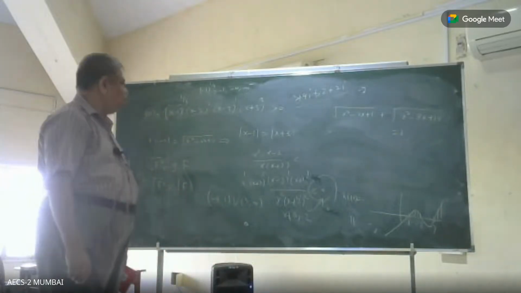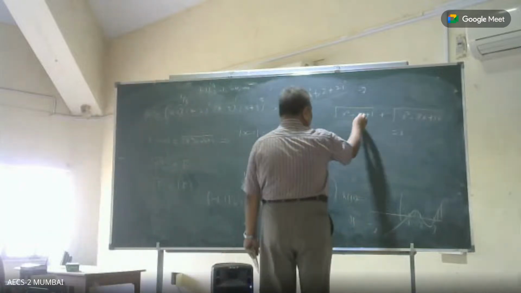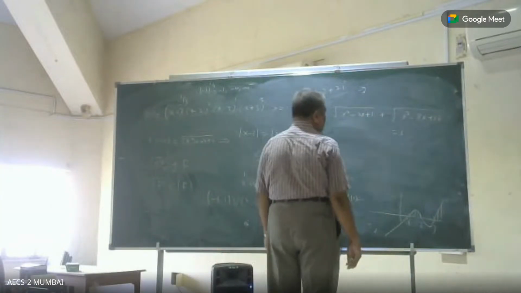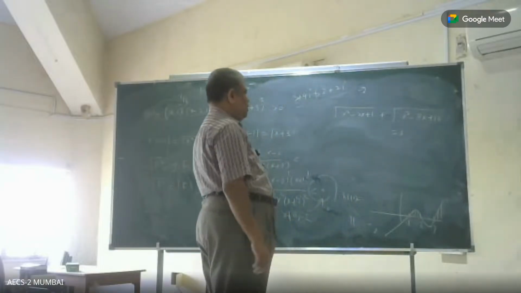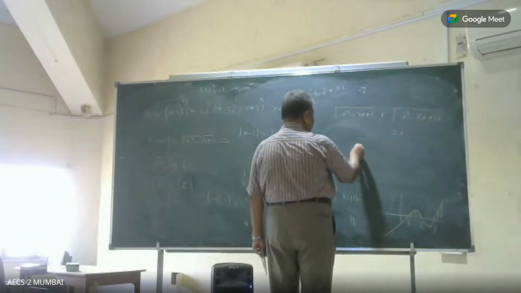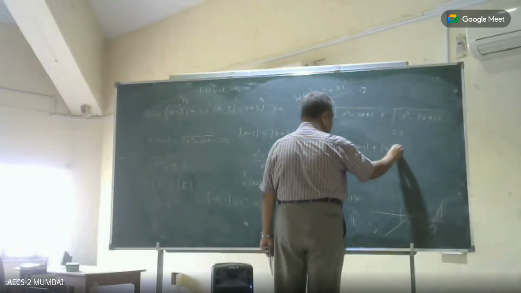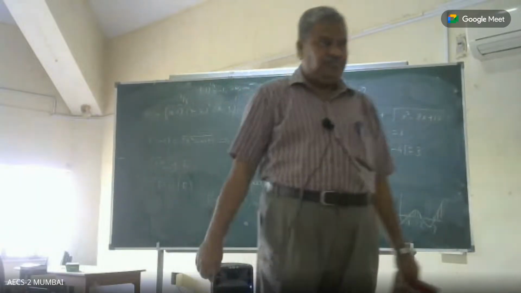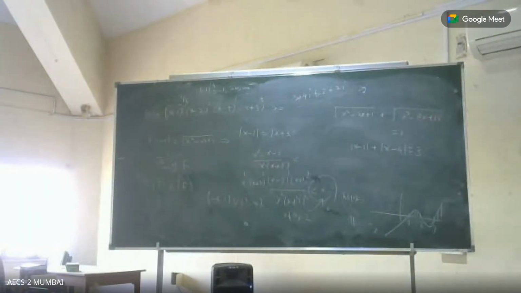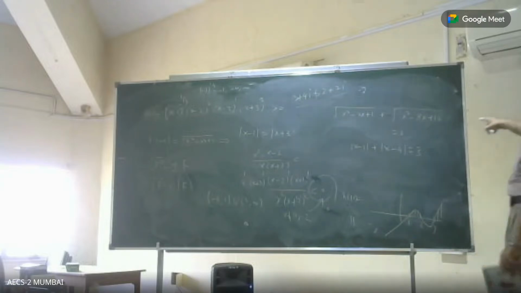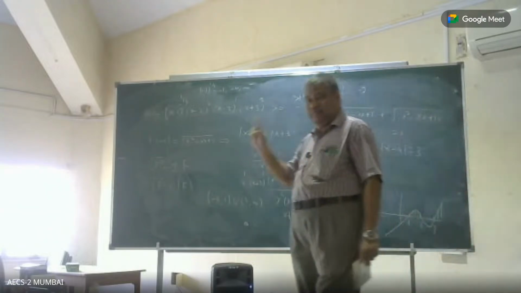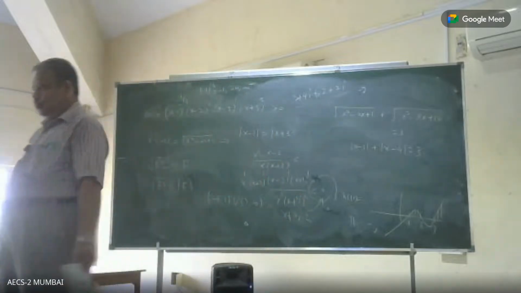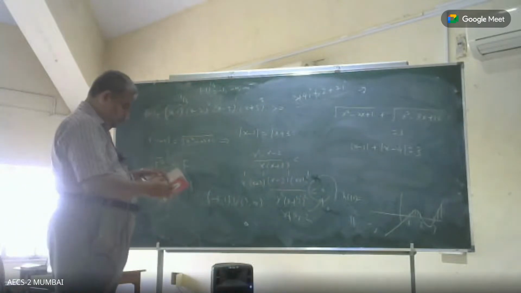That is x squared minus 2x plus 1, 2x square minus 2x plus 1. Basically it is this, which we have already done. This can be converted to mod form. Otherwise, solving this equation and showing that it has infinitely many roots is a very lengthy process. But like this you can do.